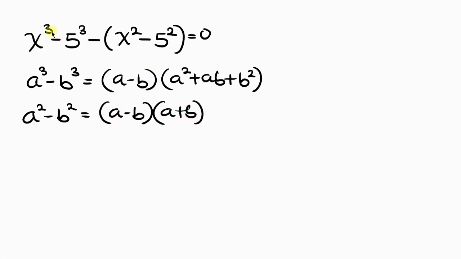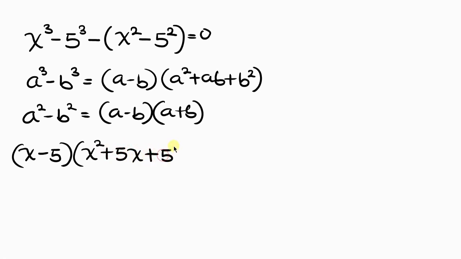So for the difference of two cubes, we're writing it in this form. It becomes x minus 5 times x squared plus 5x and then plus 5 squared. Very good. Minus. Now for the difference of two squares, writing it in this form, we have x minus 5 times x plus 5.